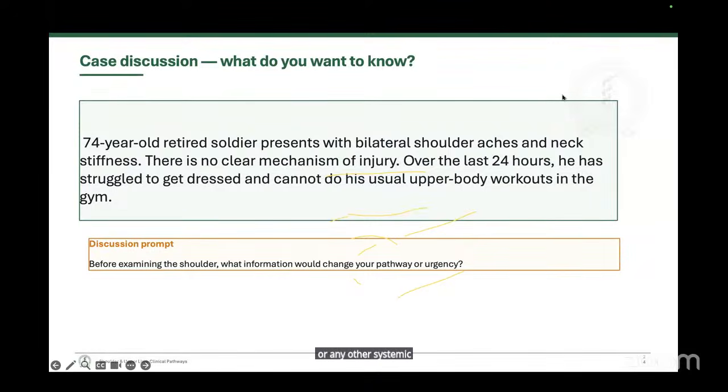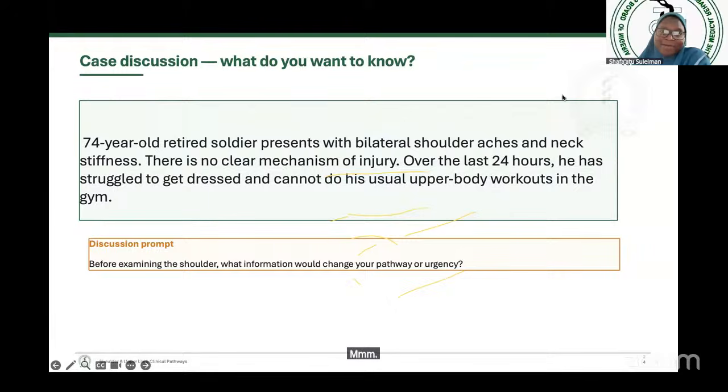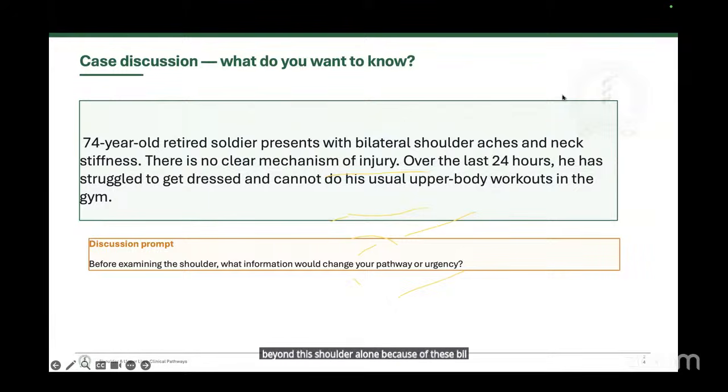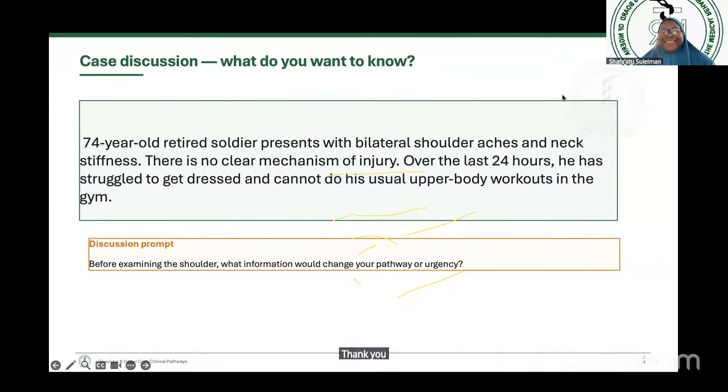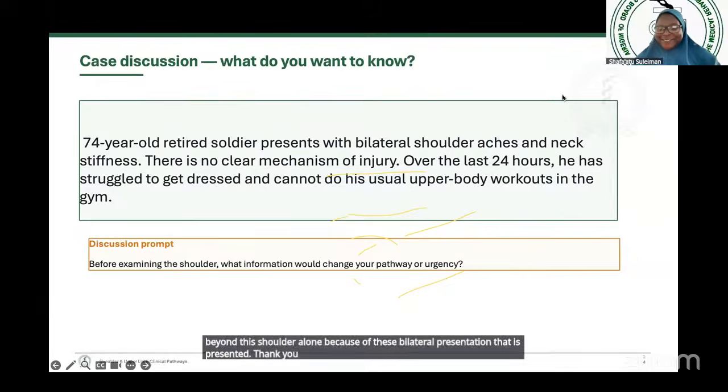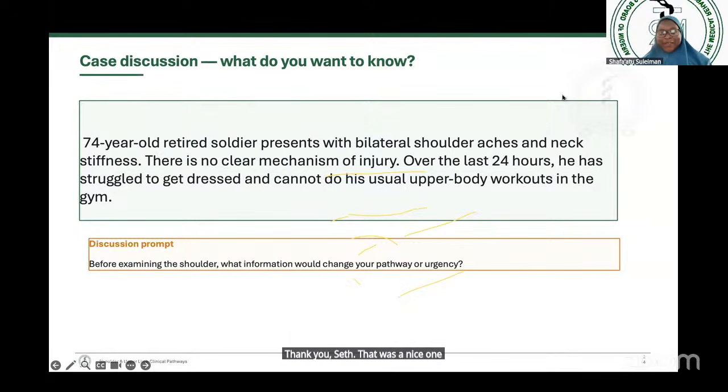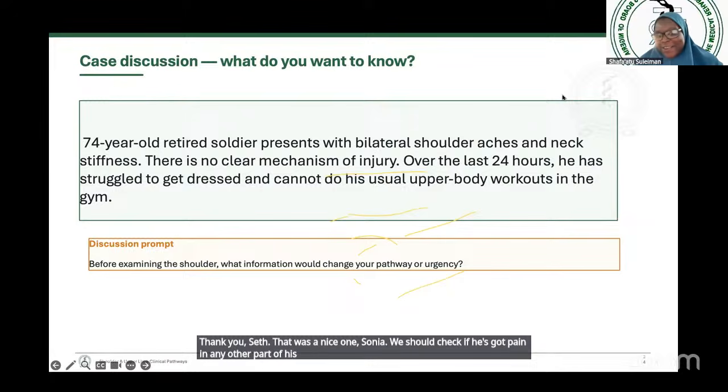So we should broaden the net beyond the shoulder alone because of this bilateral presentation. Thank you, sir, that was a nice one. So yes, we should check if he's got pain in any other part of his body, like the hip.